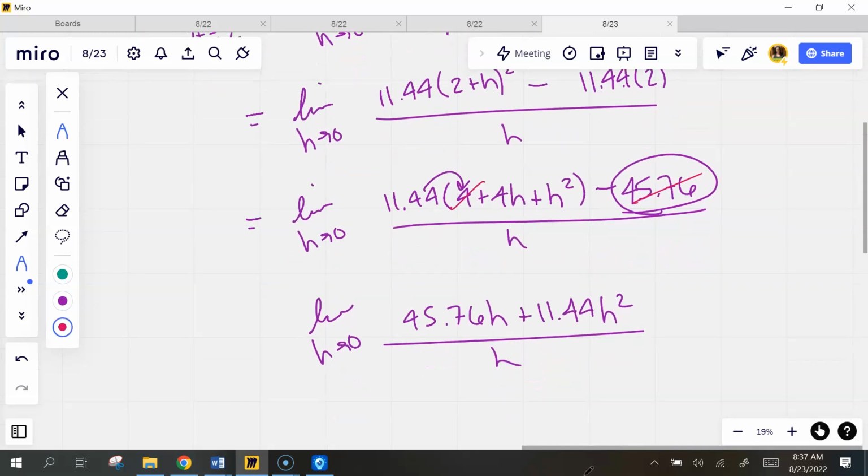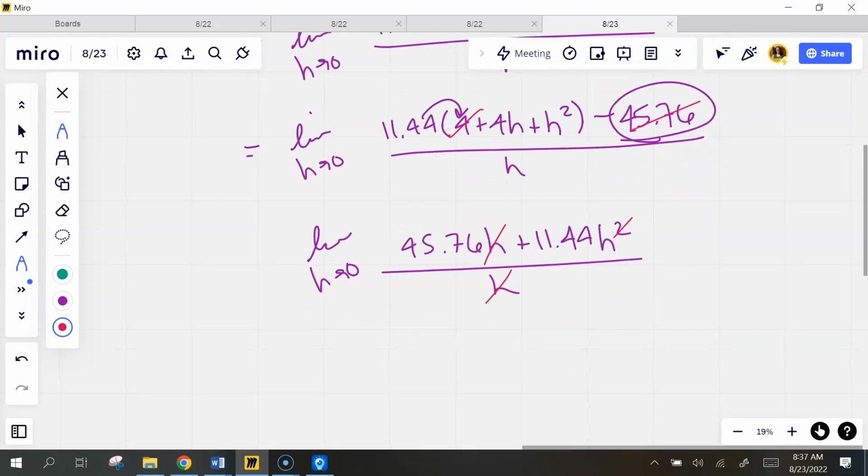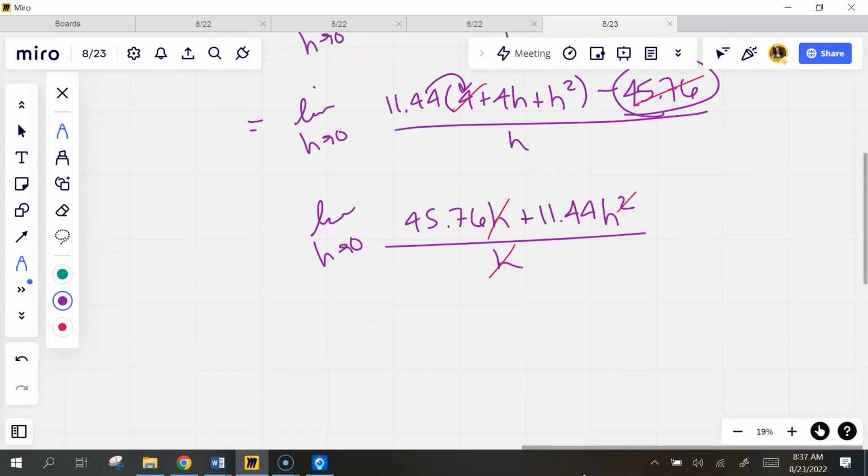And now I can plug in. At h equals 0, this is now 45.76 meters per second.